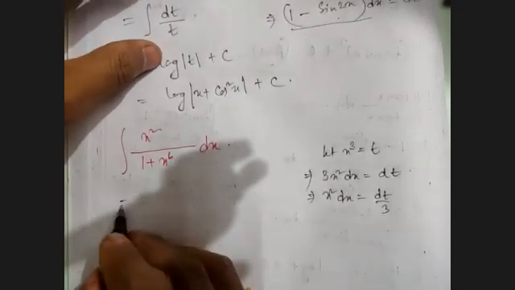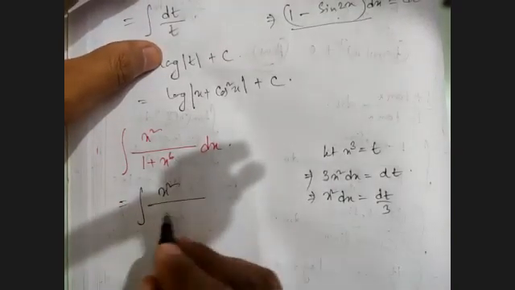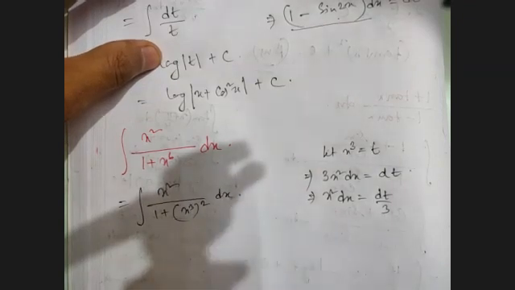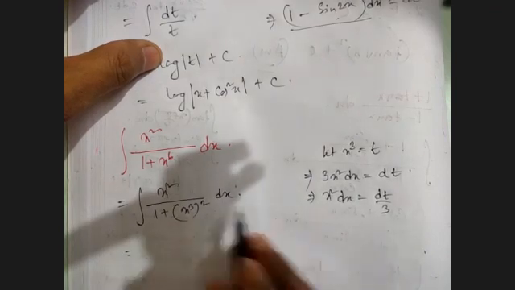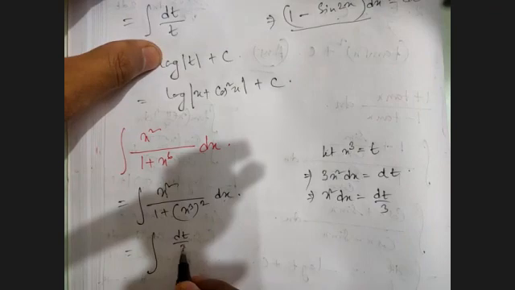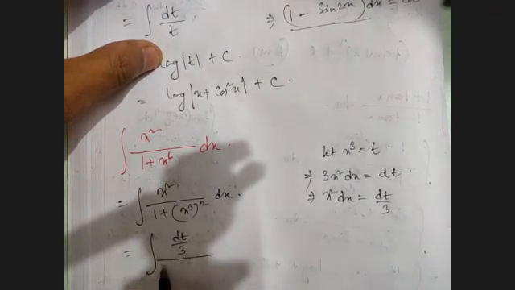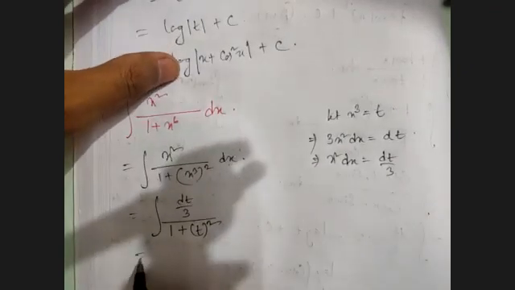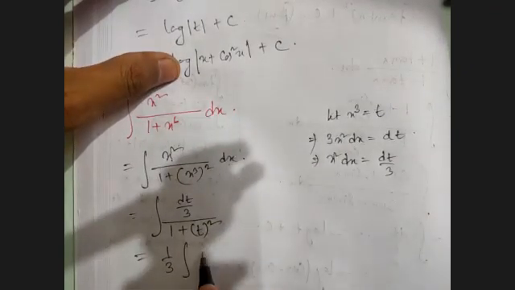So now this one you can write as x square by (1 plus x cube whole square) dx. That means x square dx is dt by 3. So integration of dt by 3 divided by 1 plus t square. That means 1 by 3 outside, integration of dt by 1 plus t square.